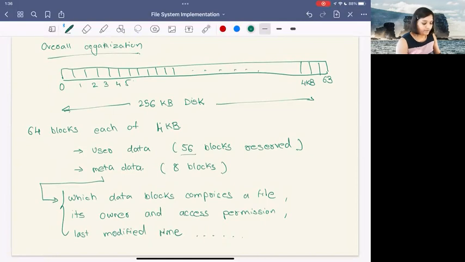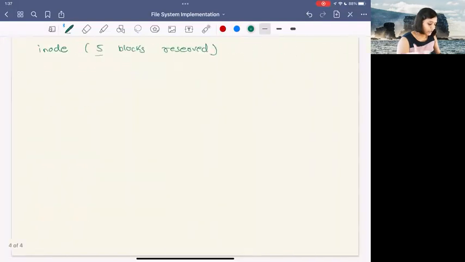But conversely, if we can balance the number of files to properly utilize the capacity reserved for the data blocks, then it's fine. The inode struct by itself is not very big, so just 5 blocks are more than enough to store the structs for all the files that exist in the 56 reserved data blocks.